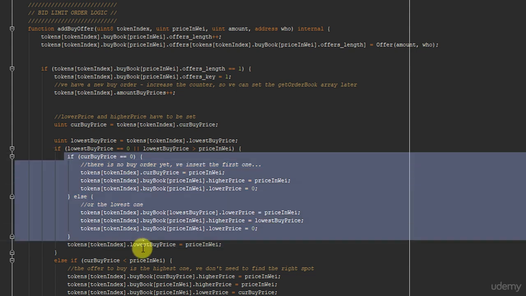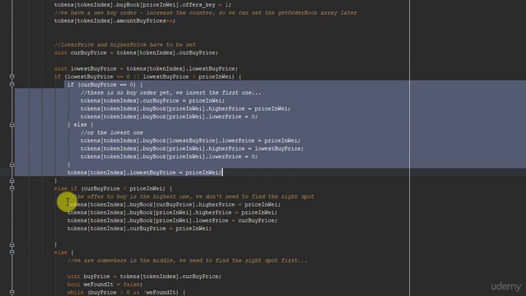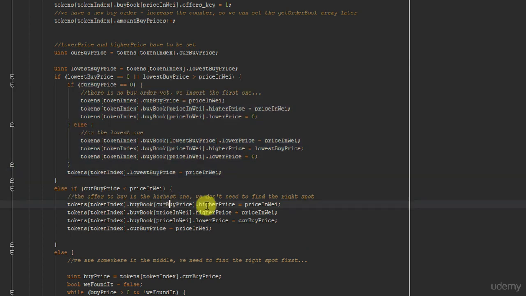Now this is fairly easy. It's just as easy if we have the highest buy price, so if it's the last entry. In this case, we take our current buy price's higher price and point it to our new entry. So we have a new entry after the current buy price.